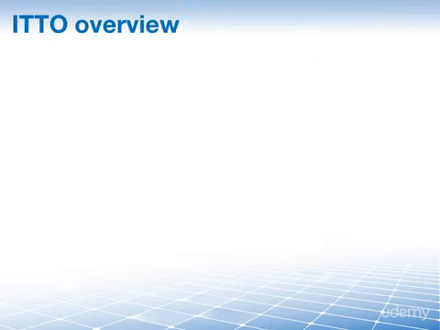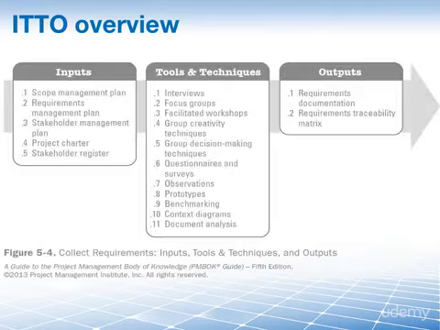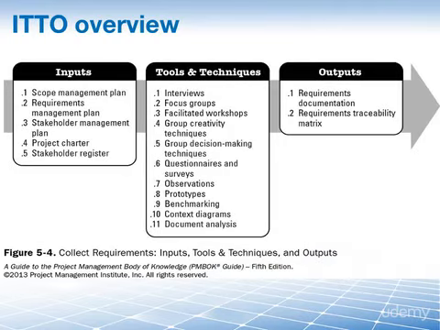Let's take a brief look together at Figure 5-4 from the PMBOK guide, our usual quick introduction to the ITTOs here. And please do not get overwhelmed. Yes, there are indeed 11 tools and techniques here, but we are going to review them, and by the end of part 2 of this lesson, you will have mastered all of them.